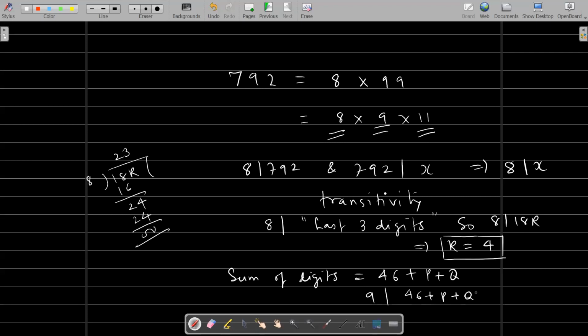Sir, actually the sum is 45, sir, not 46. No, R is equal to 4, right? So R is 4, and that R also. So it will be 45, not 46, sir. It'll be 45 plus P plus Q. No, surely it's not 45.